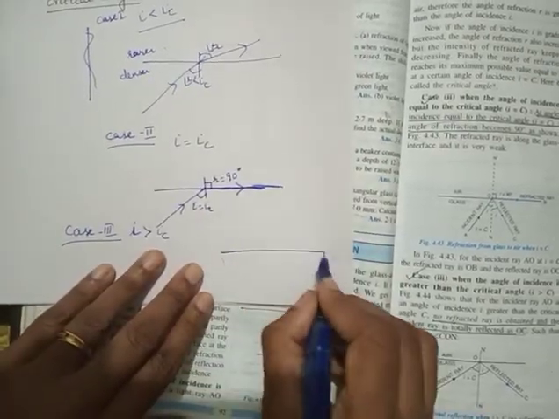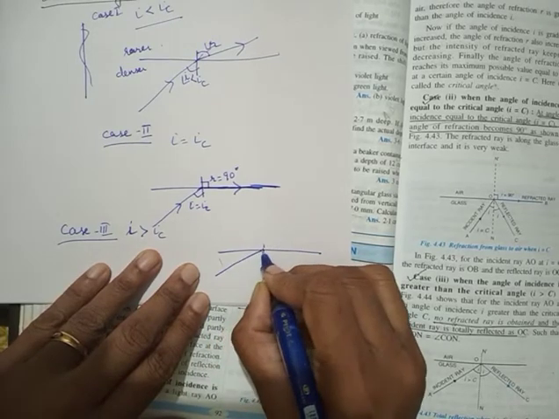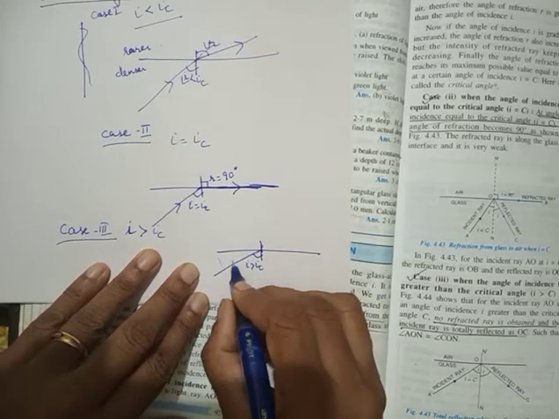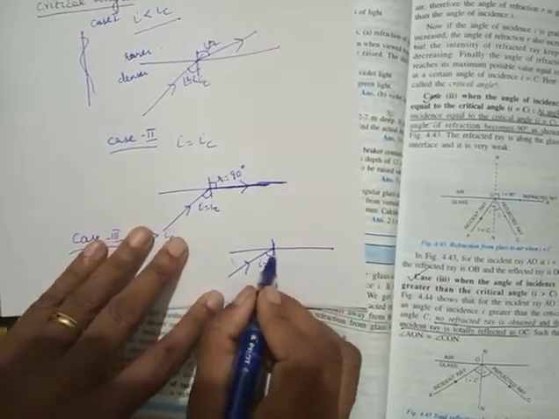So how will my diagram go? At this point, draw the normal. This is I greater than IC, and the ray is going to be totally internally reflected.